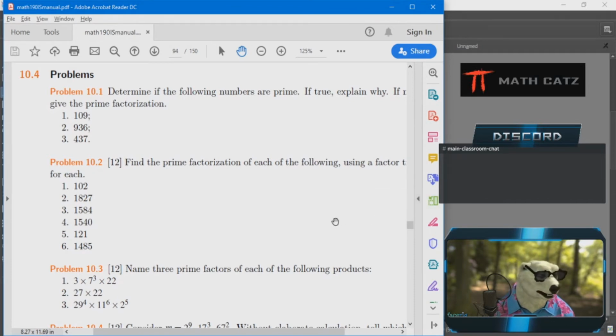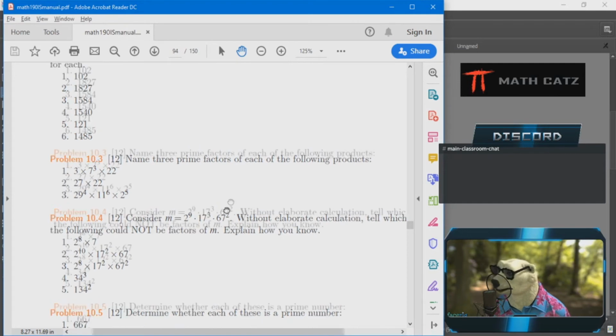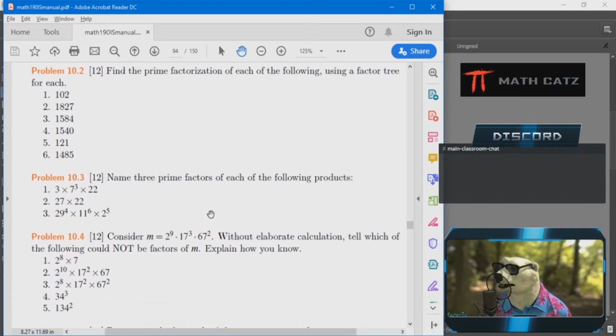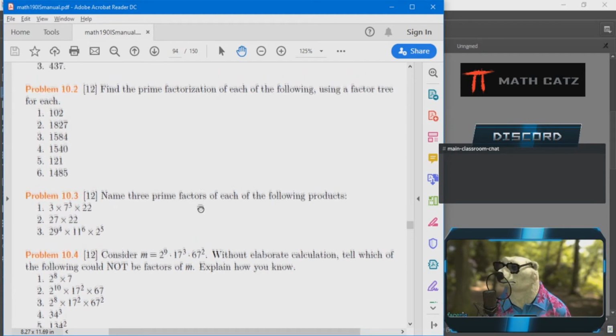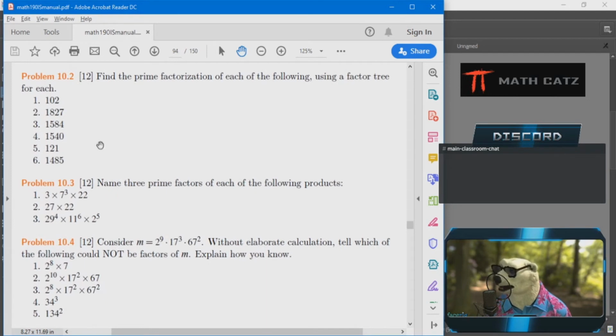10.4. Let's just think. Before we do 10.4, it would make way more sense if we do all the other questions first, I would say. So let's do a prime factorization one, and then greatest common factor.